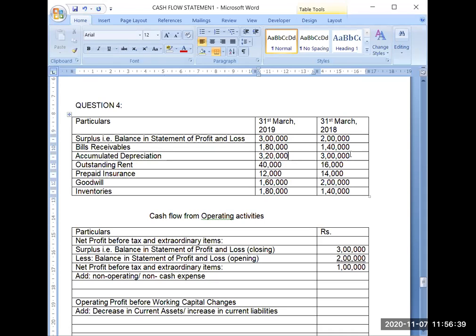So you see, last year the balance was 3 lakh and now the balance is 3,20,000. So how much depreciation would you have charged in the current year? 20,000. So the depreciation charge during the current year will be 20,000.